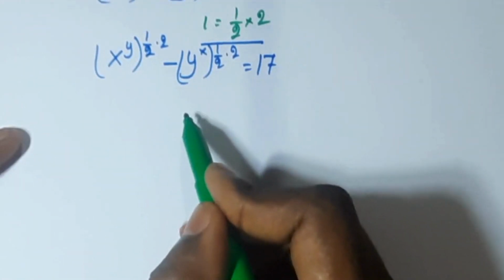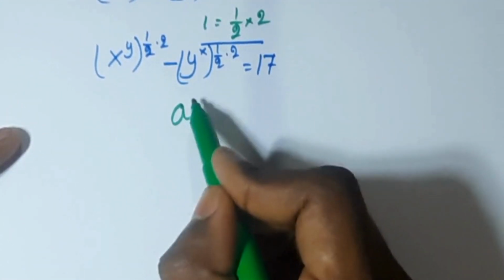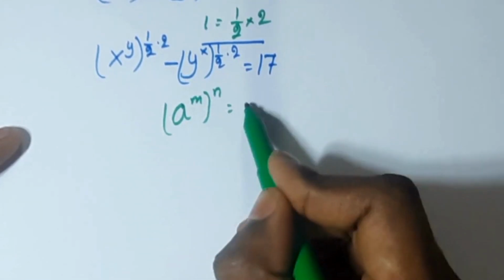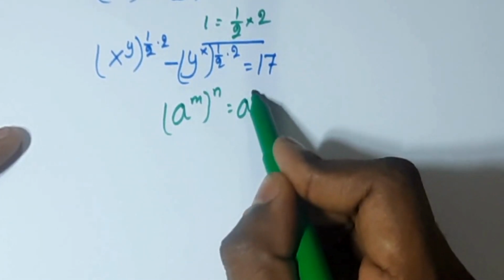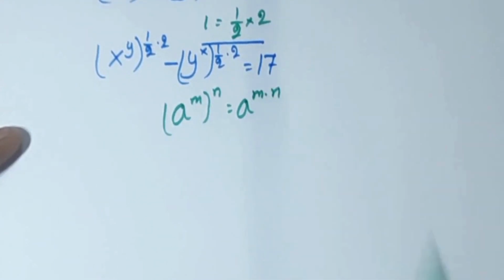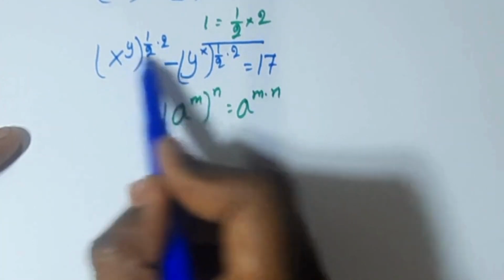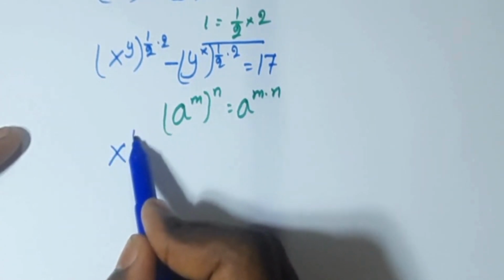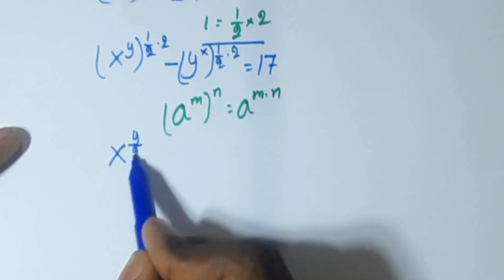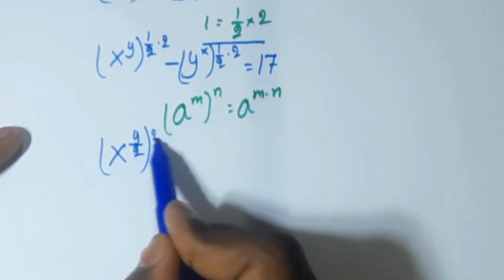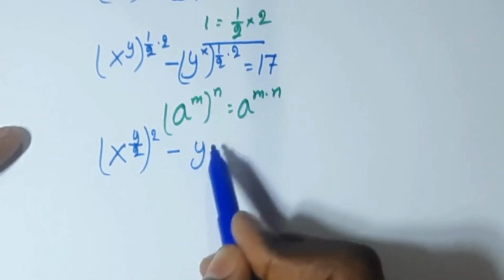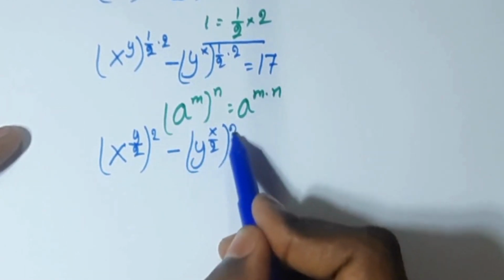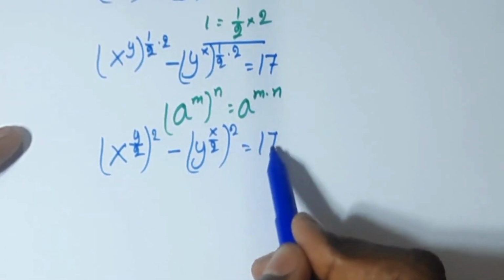Now we are going to apply this formula: a power m whole power n equal to a power m into n. So x to the power of y by 2 whole power 2 minus y to the power of x by 2 whole power 2 equal to 17.